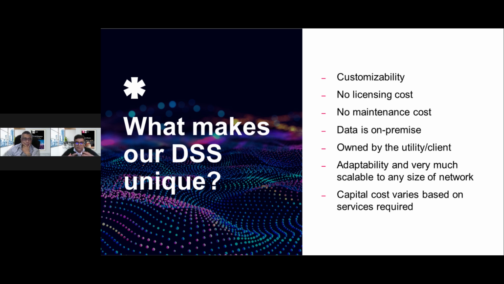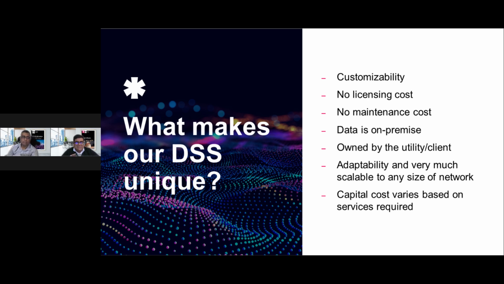So the idea is that the DSS works on data that is on premise, and the data should be owned by the utility, or the client. That was really important for us, because nobody likes sharing their data, although we all do that. We all have been guilty of using Facebook, Twitter, and all that, but this is just a side joke.